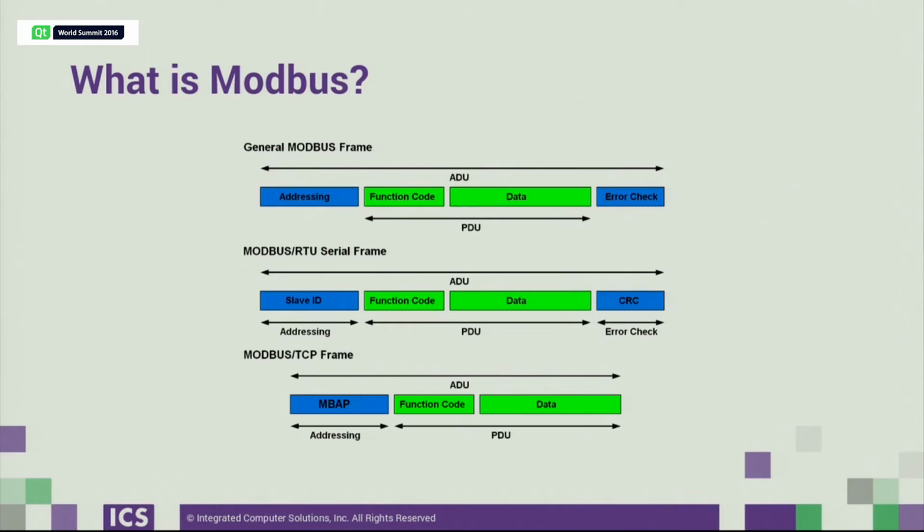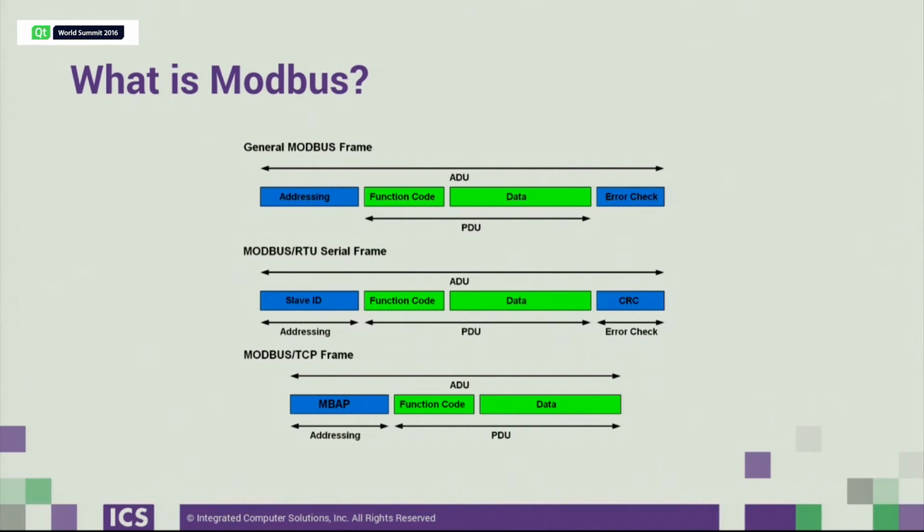So it transmits information over serial lines between different types of devices. A bit of terminology. The device requesting the information is called the Modbus master, and the devices returning the information back are called slaves. And in a typical network, there's one master and multiple slaves, and everything has a unique address.